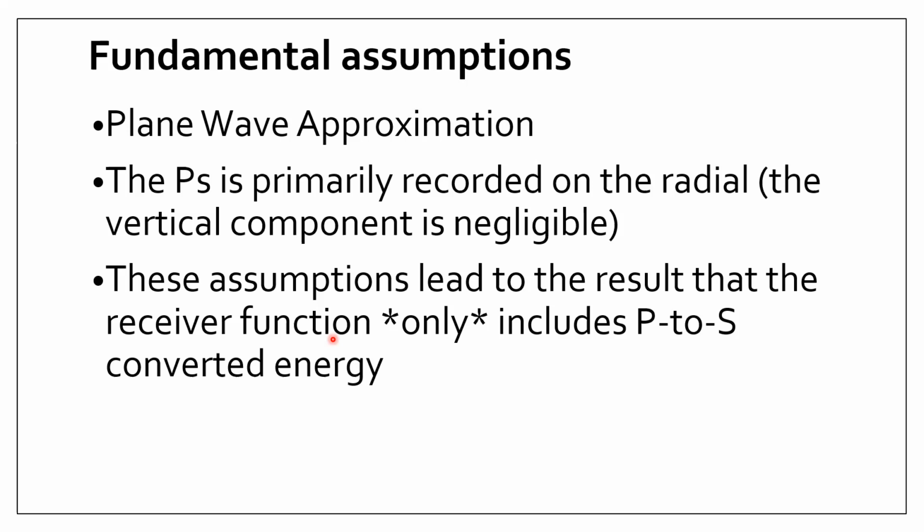After you consider both of these assumptions, the result is that the receiver function only includes the P2S converted energy. If you are talking about the S-wave receiver function, then it will only consider the S2P converted energy.